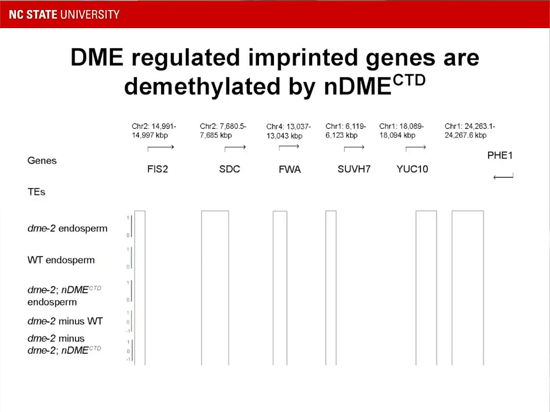This gene is important for gene imprinting, so we looked at the known target genes and where the demethylation occurs, which we know from earlier studies. And sure enough, the C-terminal also demethylates, but just not as much as the wild type.